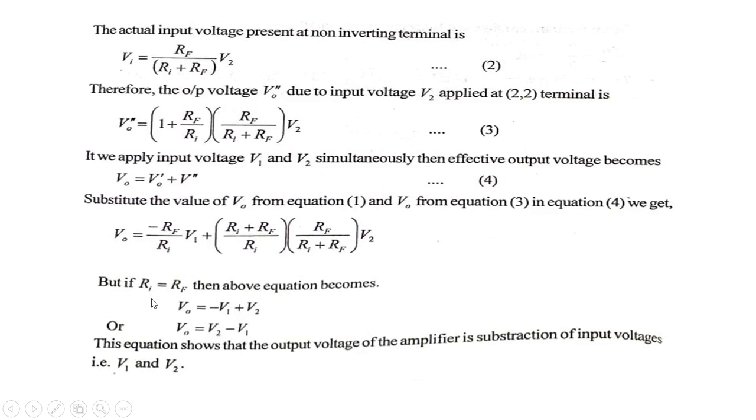But if Ri = RF, then the equation becomes V0 = -V1 + V2, or V0 = V2 - V1. This equation shows that the output voltage of the amplifier is the subtraction of the input voltages V1 and V2.